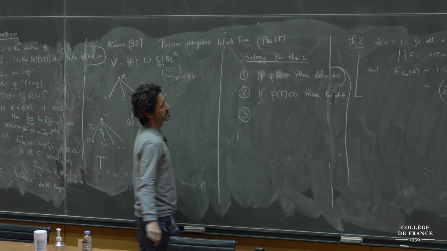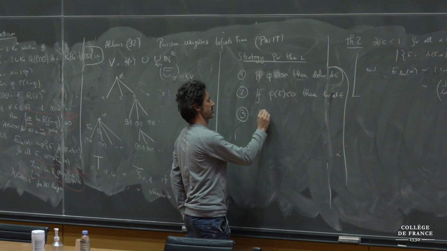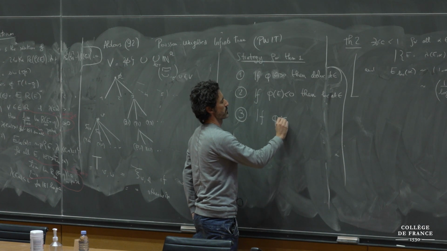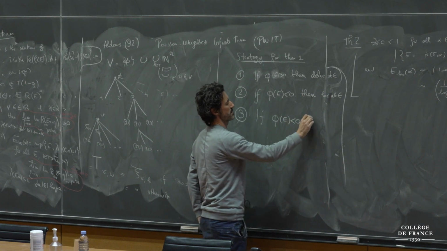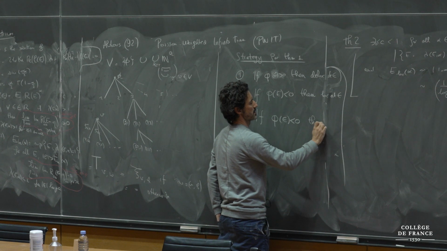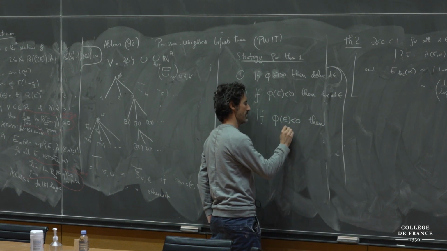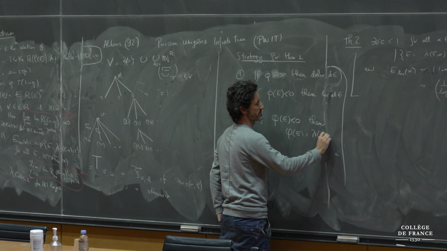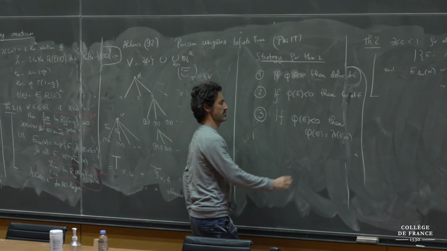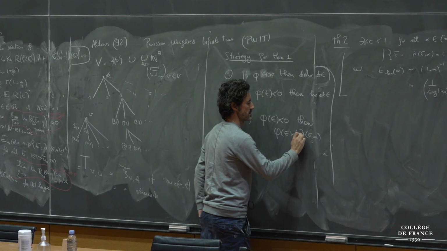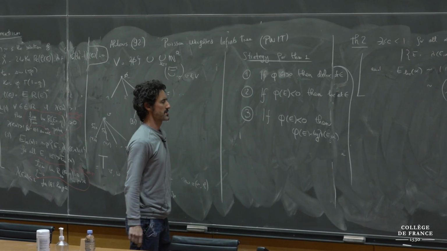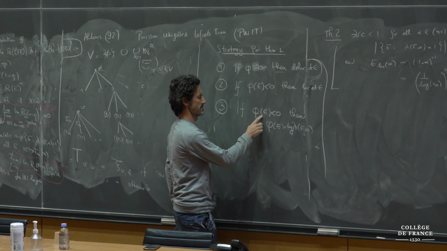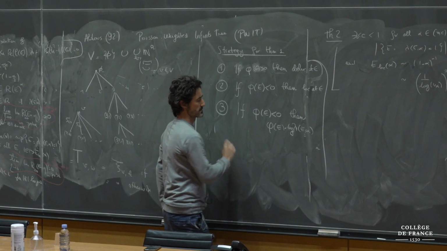Then we prove that if phi of E is negative, then phi of E must be equal to lambda of E alpha, to log of lambda. This is probably the most interesting.